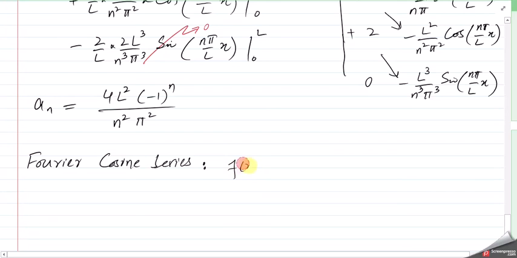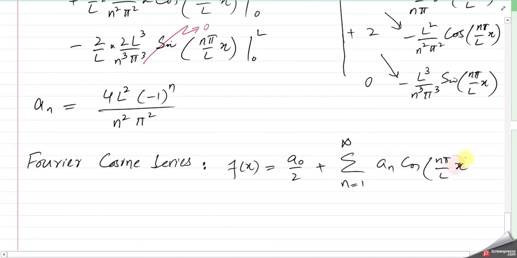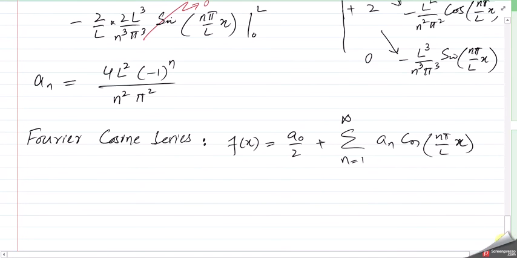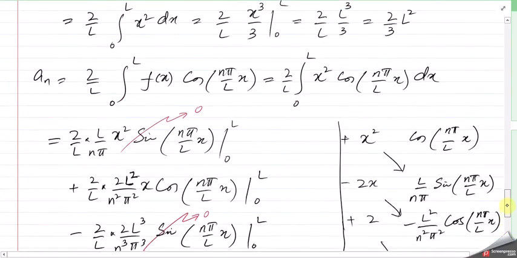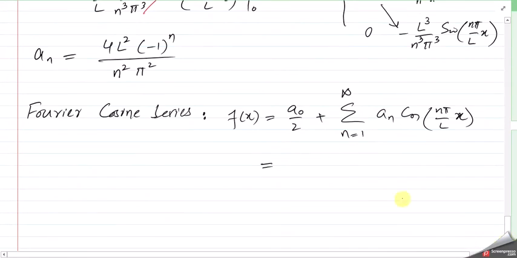And our f of x equals a naught by 2 plus summation n from 1 to infinity an cos n pi over Lx. And we put the values of a naught. A naught is also 2 by 3 L square.